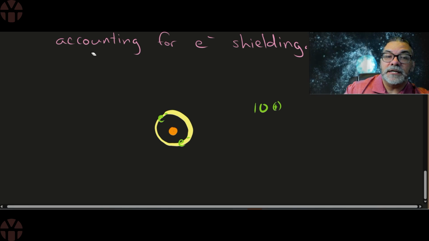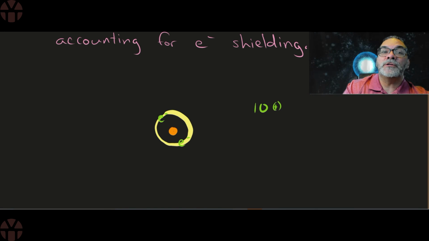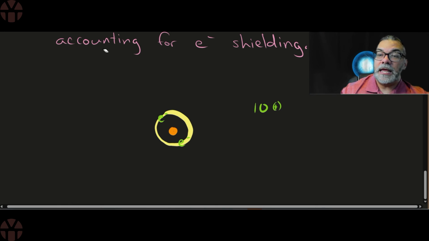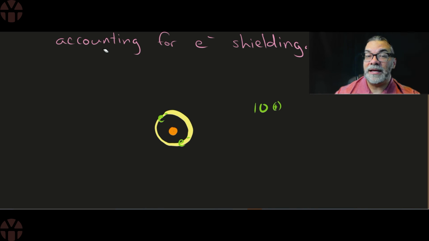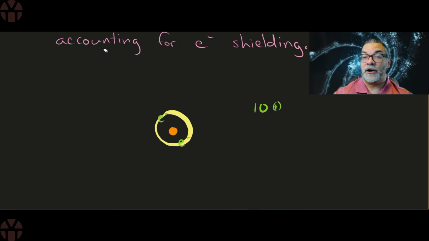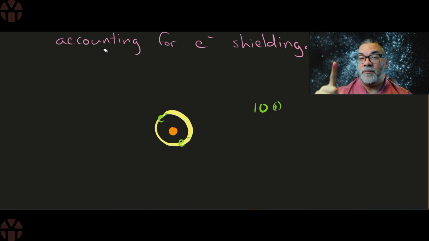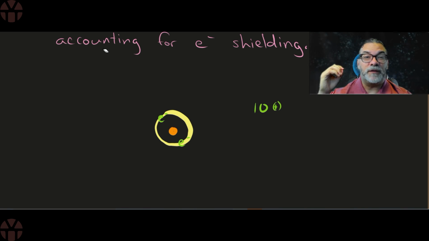And this idea of effective nuclear charge is what is going to be vital in determining the size of the atom. Because what we're going to find out is that there is one fundamental meaning of life. There's one fundamental rule and meaning to our entire universe.